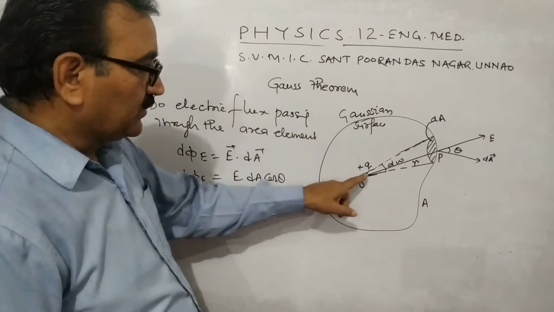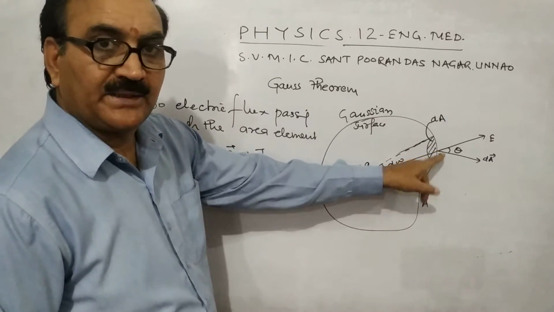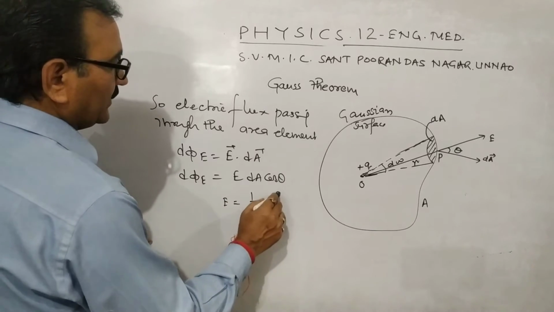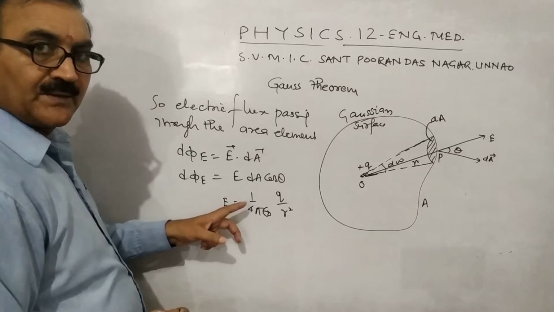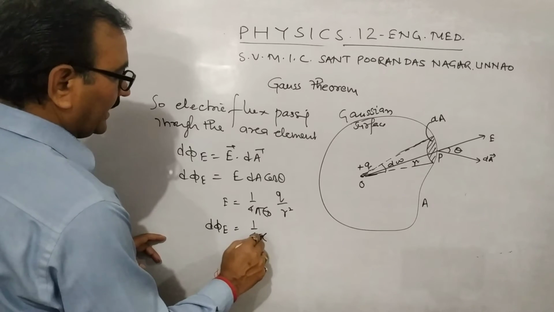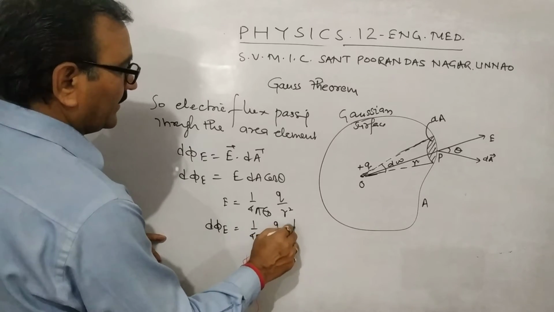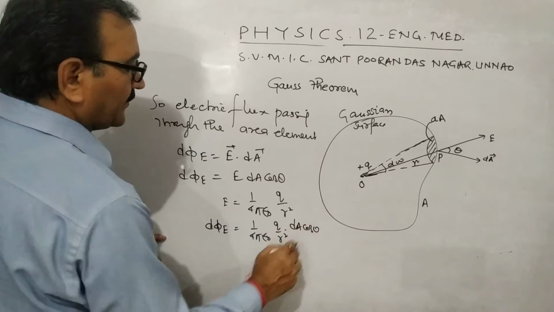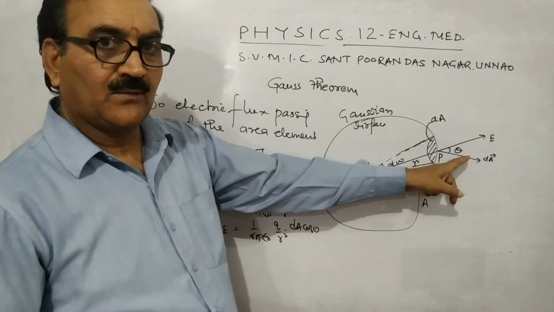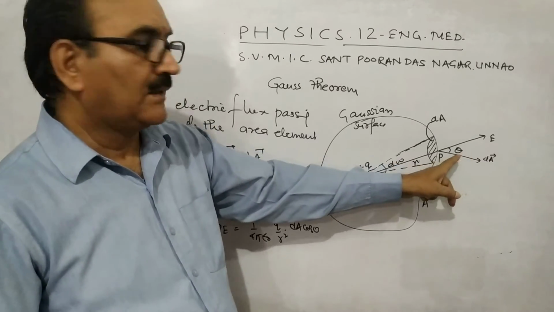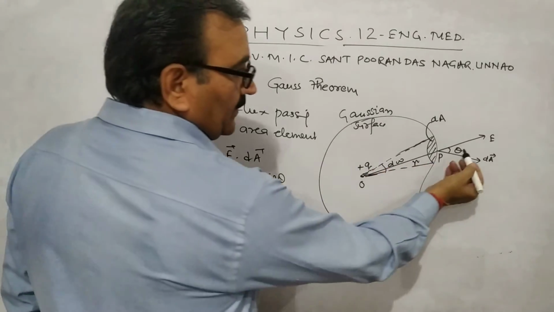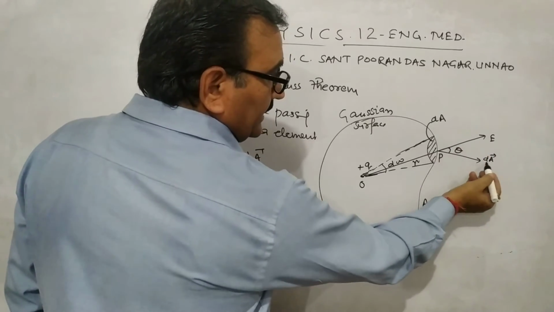And you know, due to point charge, intensity of electric field at point P, E is equal to 1 upon 4 pi epsilon naught q by r square. Already I have discussed in first chapter. So d phi E is equal to 1 upon 4 pi epsilon naught q by r square into dA cos theta. Since area vector and electric field make an angle theta, or you can see in this direction this is normal and this is your area vector.